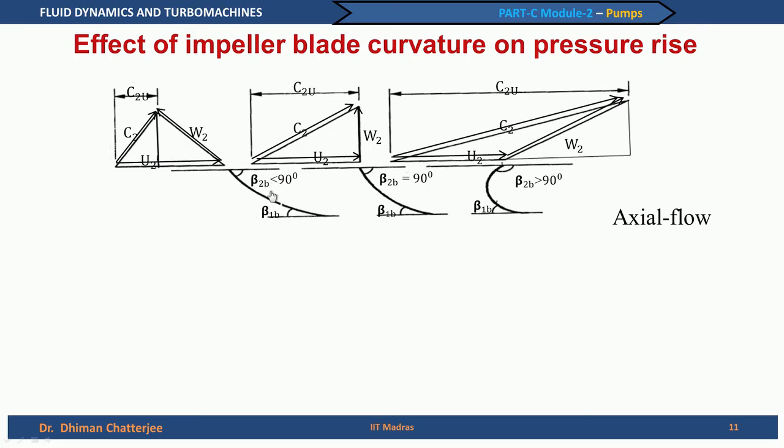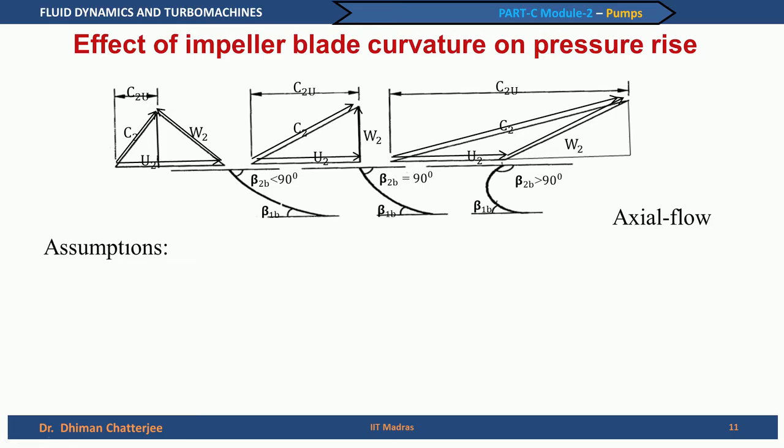On the left side we have beta 2b less than 90 degrees, on the right we have beta 2b greater than 90 degrees, and as the blade angle becomes greater than 90 degrees, the C2u component has increased tremendously. If you look at the leftmost velocity triangle and the rightmost one, you see that C2u is much smaller here compared to C2u on the right-hand side.